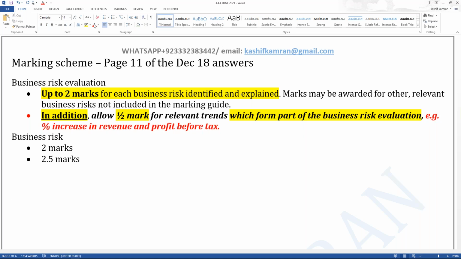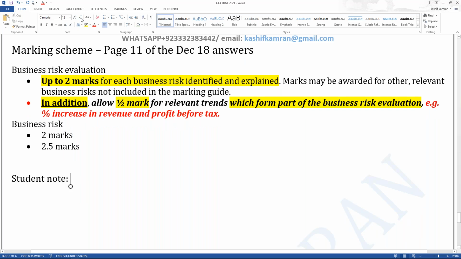And the last thing before I start my exercise, this is a very, very important student note. Take it carefully because I don't want this to be missed by any student.